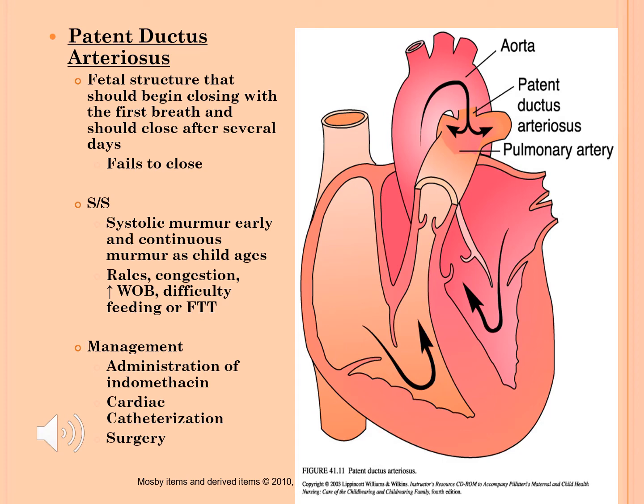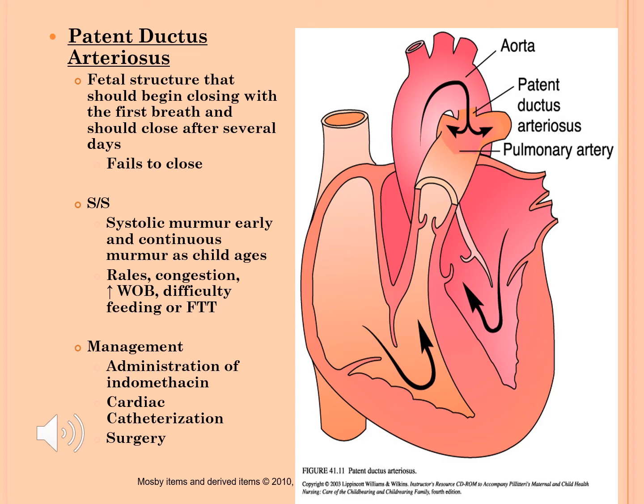When you look at the signs and symptoms, their signs and symptoms are going to match being pulmonary type symptoms because we have increased pulmonary blood flow. So blood from the aorta is fully oxygenated when it's going back down through that ductus arteriosus and then going out to the pulmonary artery. So you're losing oxygenated blood.